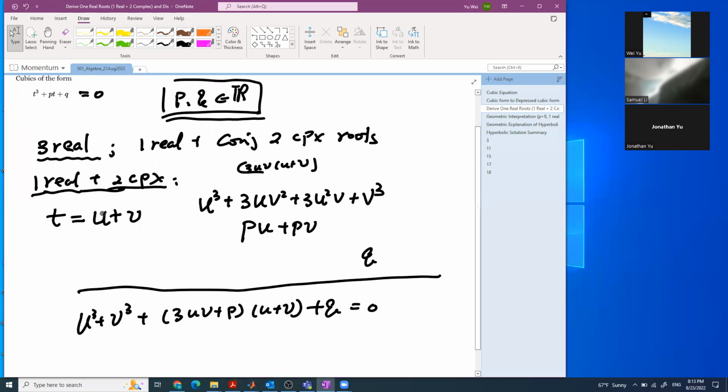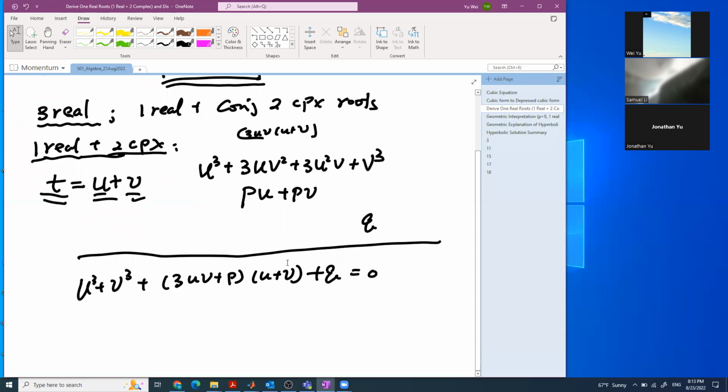Because from one variable we use two variables to represent it, we add 1 degree of freedom. Once we add that degree of freedom, we can reduce it by setting 3uv equals negative p.